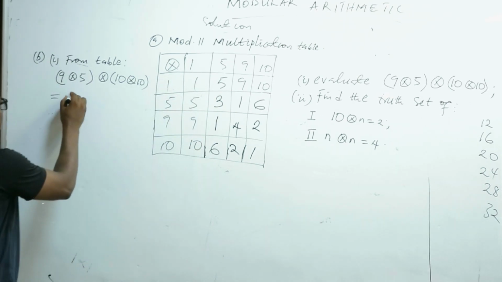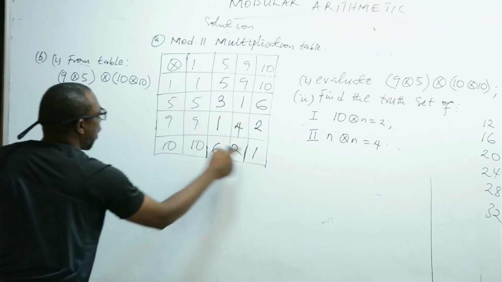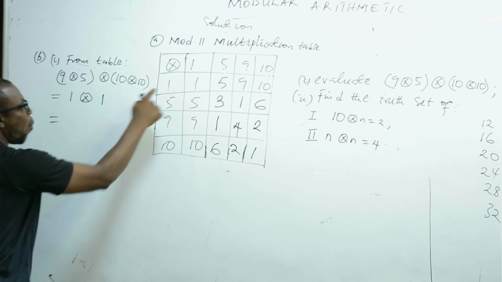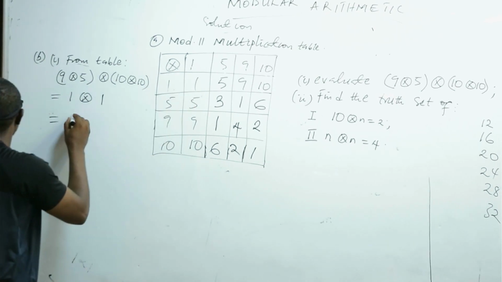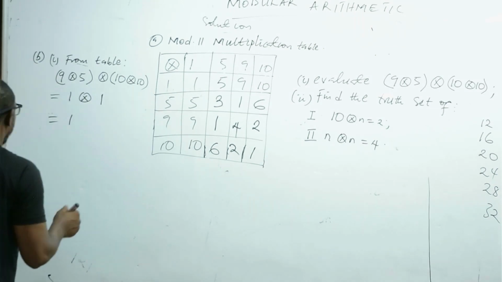You bring your 1. Then 10 operation 10 gave us 1. And 1 operation 1 is 1.